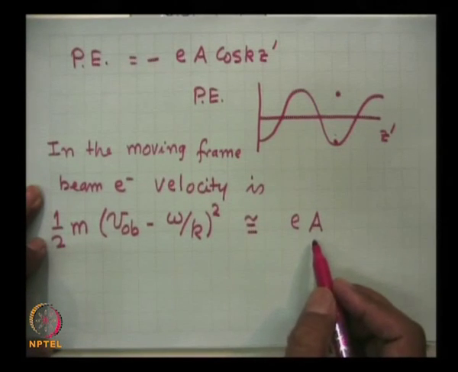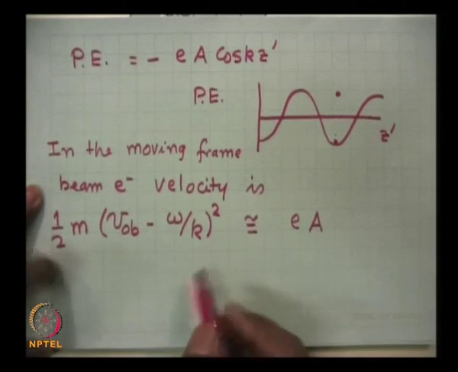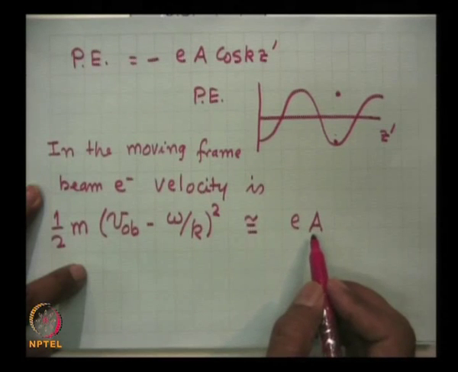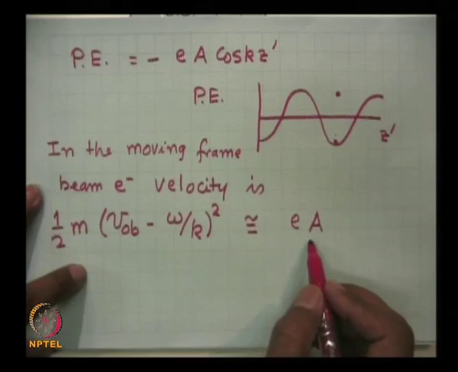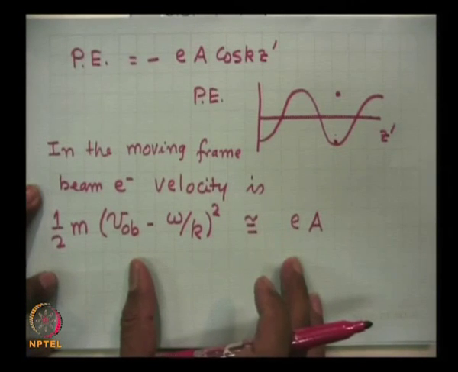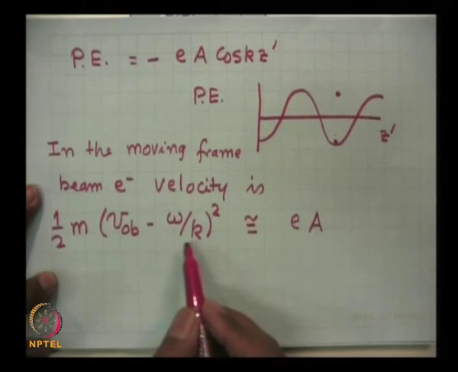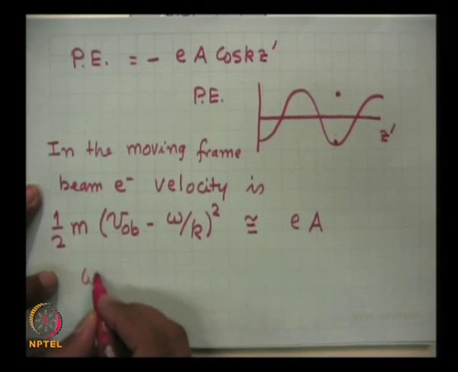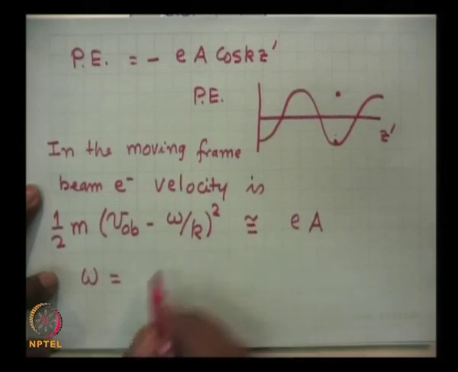So when this is of this order, the electron will be trapped in the potential energy minima of the plasma wave, and this gives the amplitude of the plasma wave. So if you want to calculate the amplitude of the plasma wave, this is the condition, and this is called the saturation amplitude of the plasma wave. And what you can do, omega by k we already obtained, this is the phase velocity, so actually it's omega r by k.